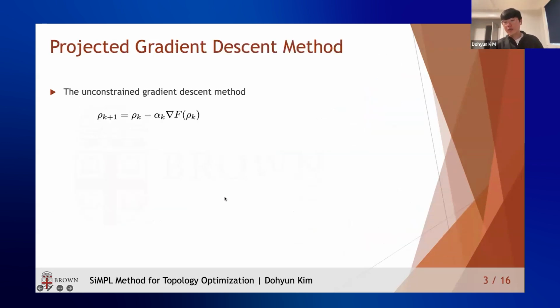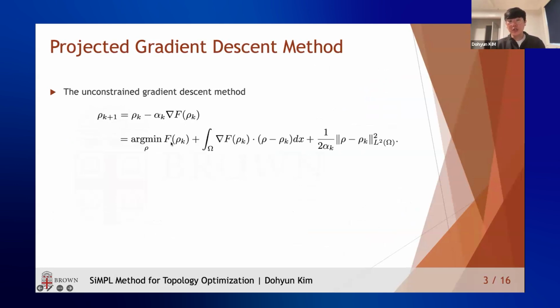The main idea of this method is very similar to the projected gradient descent method. For the unconstrained gradient descent method, we update our design by subtracting alpha k, the step size, times the gradient at the current iteration.